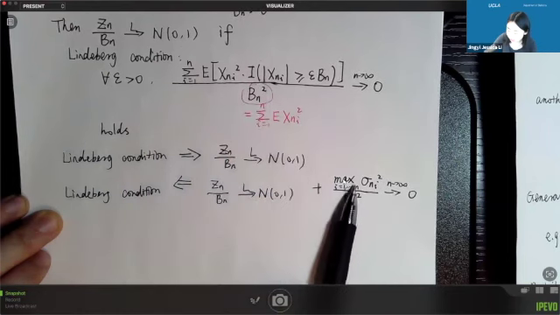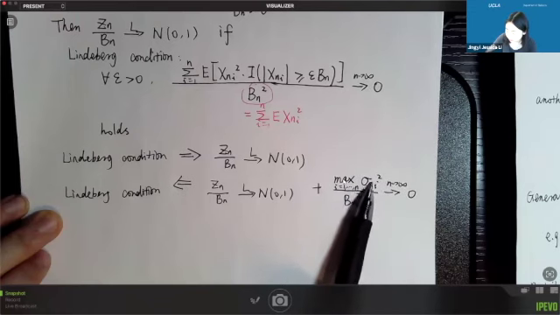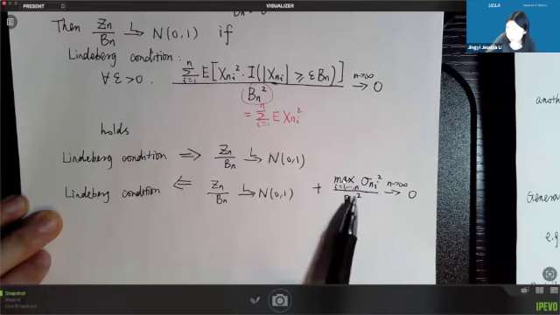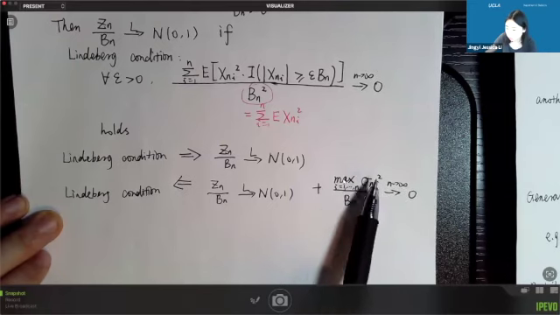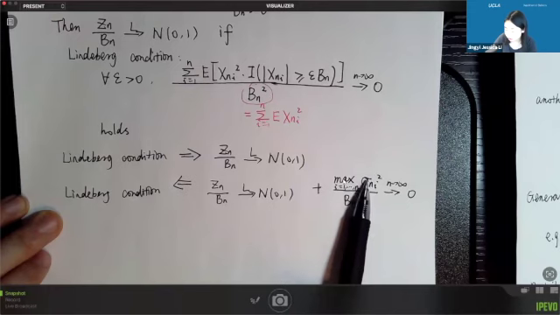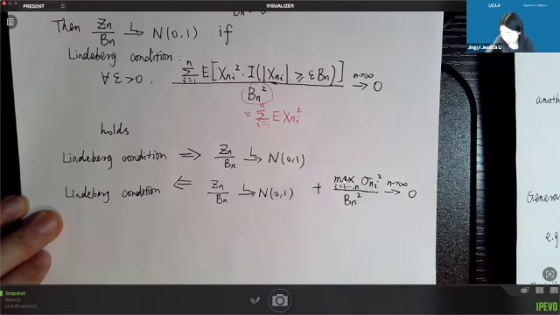Here, we're looking at only the major term in the variance. So we have Bn squared equals sigma n1 squared plus up to sigma nn squared. In those n terms, we look at the largest term, and we want that term's ratio over Bn squared to diminish to 0 as n goes to infinity.